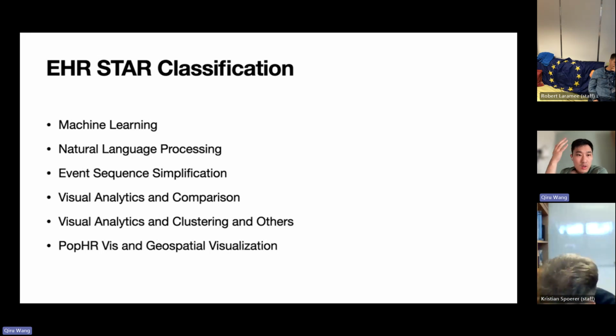So with machine learning gaining traction, naturally there is a lot of literature which was unsurveyed by previous surveys. And that is why the previous classifications also need a refresh.